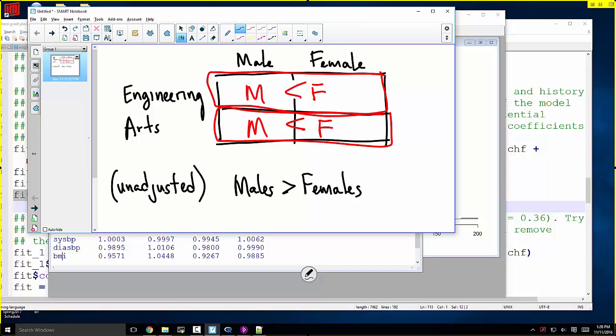But if you include degree type in the model, if you adjust for it, you have the opposite pattern. That's an extreme illustration of confounding, when the estimate is different depending on whether the covariate is included. Certainly, if you have that type of thing in your data, you want to include the variable that we're considering adjusting for or not adjusting for.